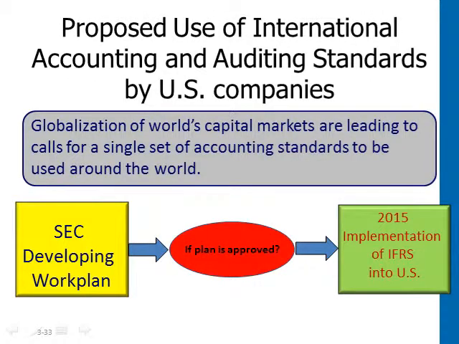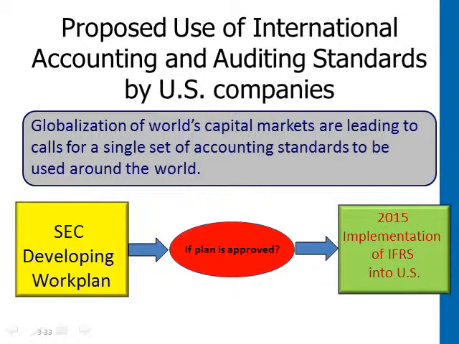Then we talk about the proposed use of international accounting and auditing standards by U.S. companies, and we see this is an ongoing effort to incorporate the International Financial Reporting Standards in the U.S. as a substitute for U.S. generally accepted accounting principles. This is a very complicated process because of all the differences in the international communities with regard to financial reporting.